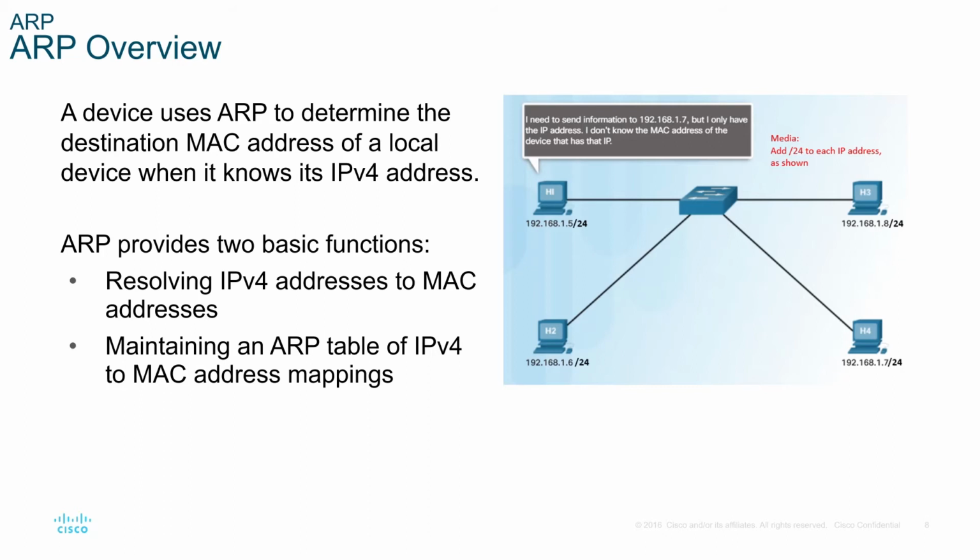A host may also use reverse ARP if it knows the MAC address but needs the IP. In this section, we will concentrate on only ARP, which will give us a MAC address for a known IP. It provides us two basic functions: resolving IPv4 addresses to MAC addresses and maintaining an ARP table of IPv4 to MAC address mappings.